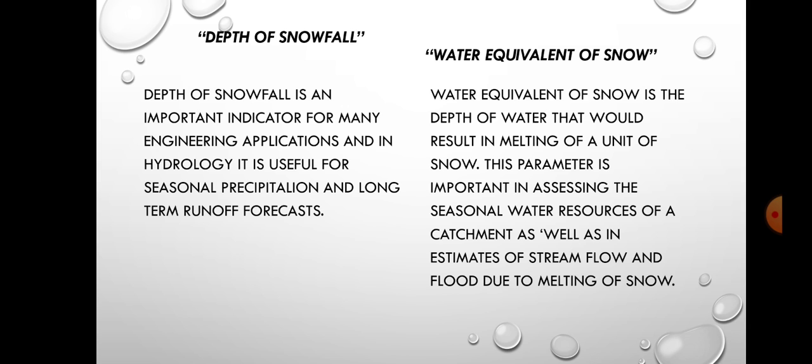Water equivalent of snow is the depth of water that would result from melting a unit of snow. This parameter is important in assessing the seasonal water resources of a catchment, as well as in estimates of stream flow and flood due to melting of snow.